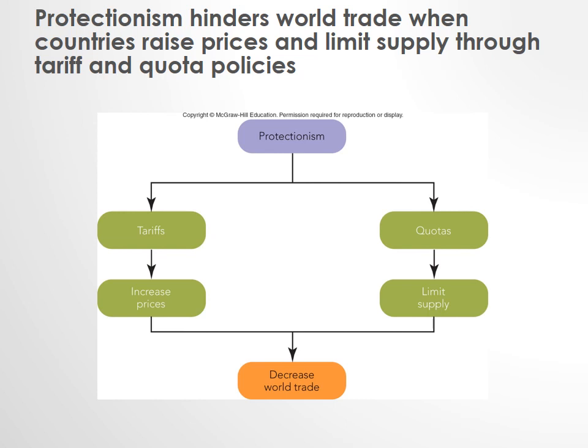Of course, what this does in reality is increase prices to the end consumer and decrease world trade. Another approach might be a quota approach, where we limit the amount of product that can be imported from a country. So we might say, well, we can import cars from Mexico, but only a certain number of them. And so what that does is that limits supplies, which once again turns into a scenario where in many cases it increases prices and decreases world trade.